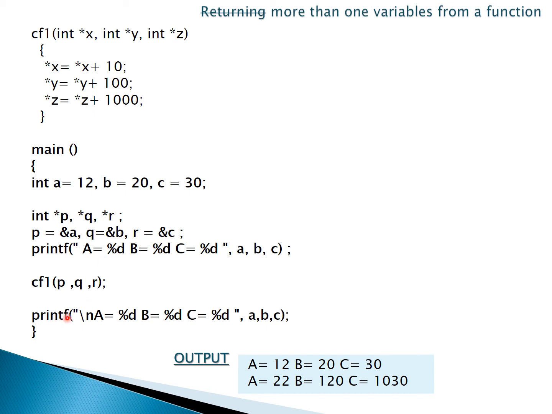And when we print again the values of ABC, you can see that now the value of A is 22, the value of B is 120, and the value of C is 1030, because this is the function which has changed the contents of these variables.